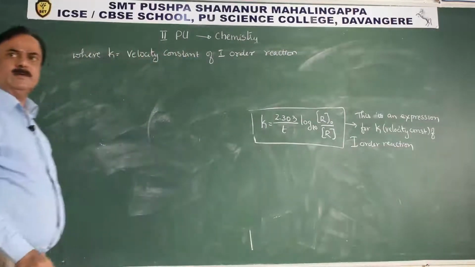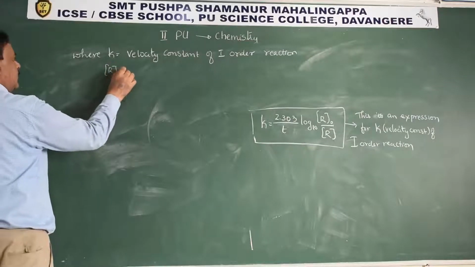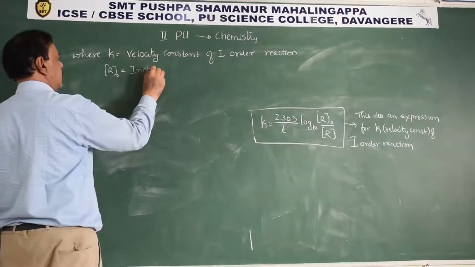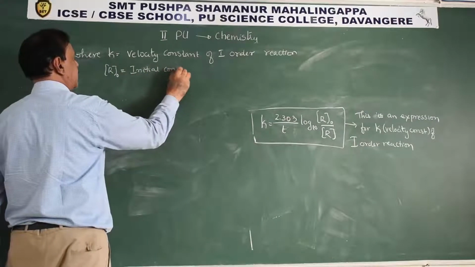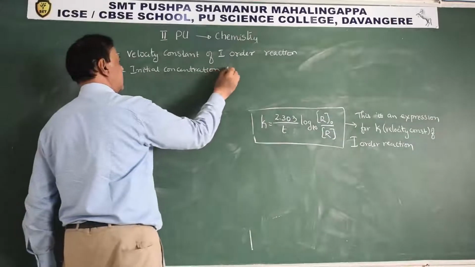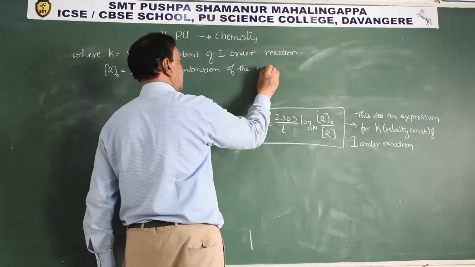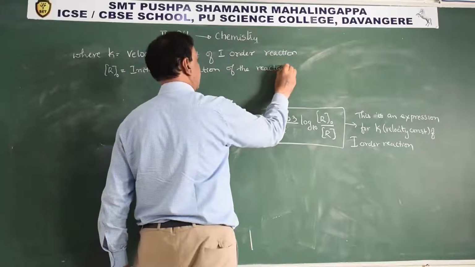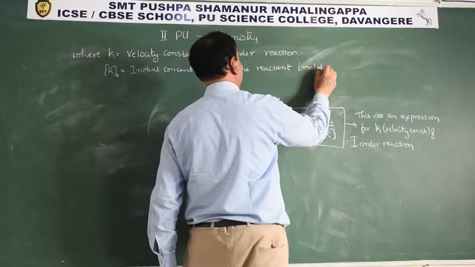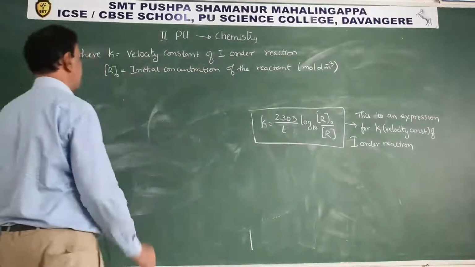R naught is equal to the initial concentration of the reactant, in terms of moles per cubic decimeter.